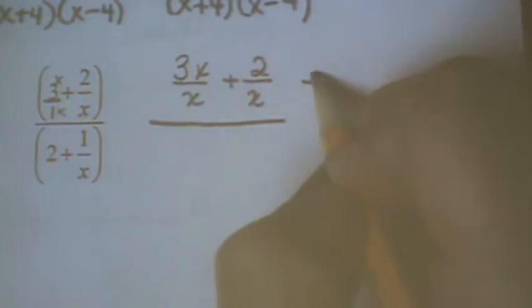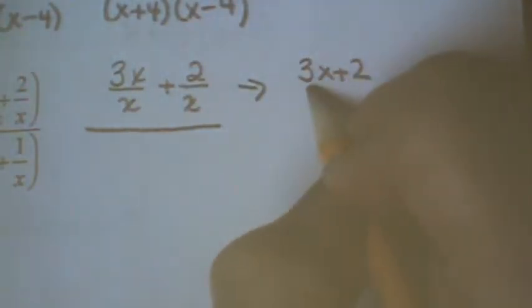So what you're going to want to do is get a common denominator here. What would you multiply both this top and bottom by? It would be x. So if you multiply this by x and this by x, you have 3x over x plus 2 over x, which gives us 3x plus 2 over x.